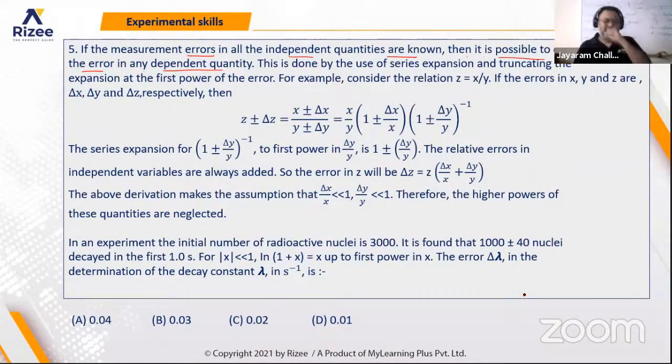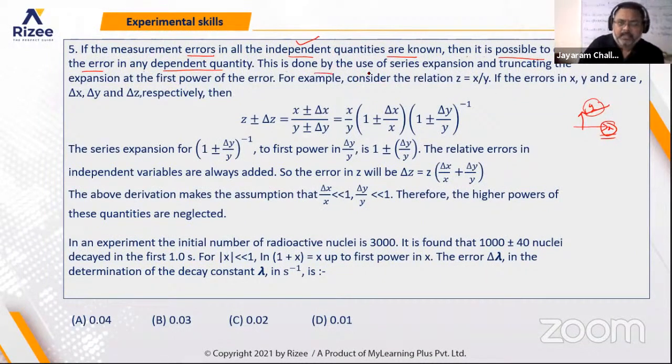That means he is telling us that if we know the measurement errors of the independent quantities, I would like to go in this particular fashion. This is your x-axis, this is your y-axis. Generally, along the x-axis we take the independent terms, and on the y-axis we take the dependent terms. So if you know the x value, we can also find the y value. So that is an obvious thing.